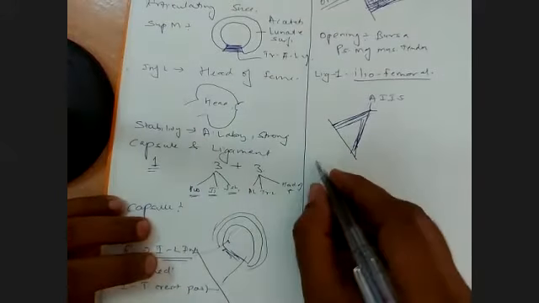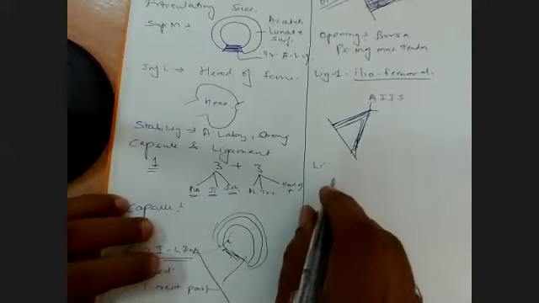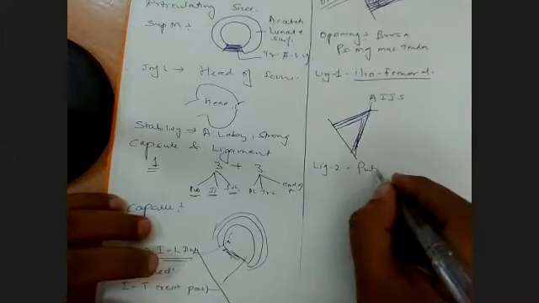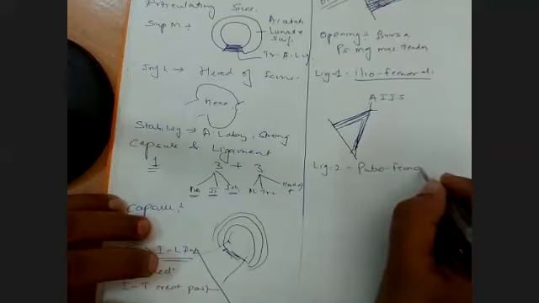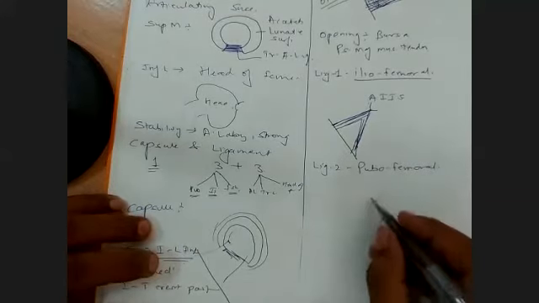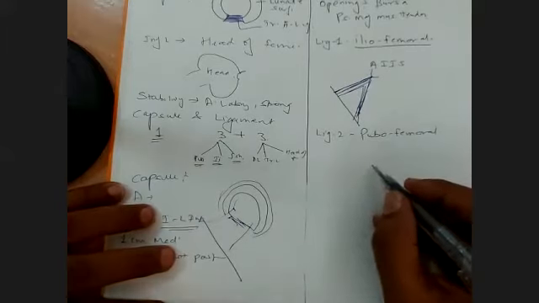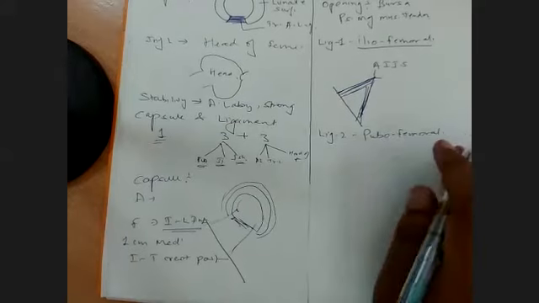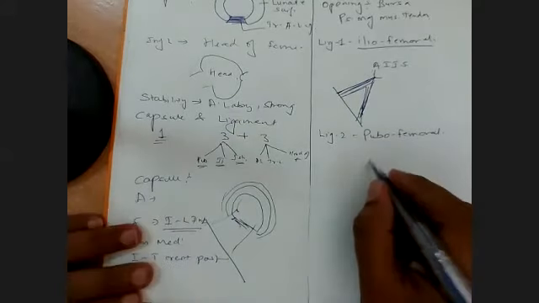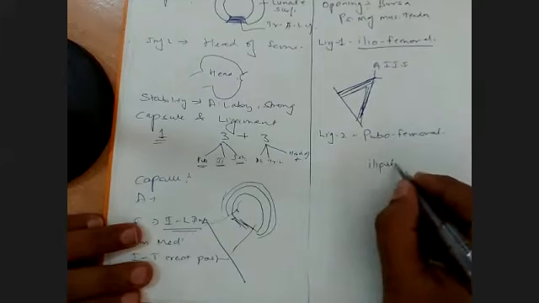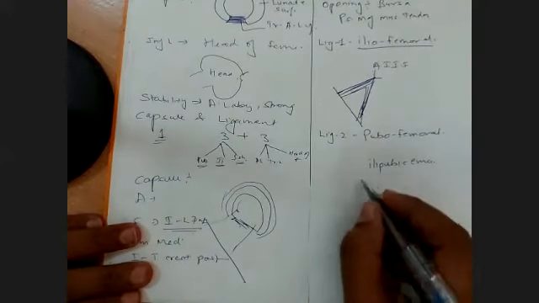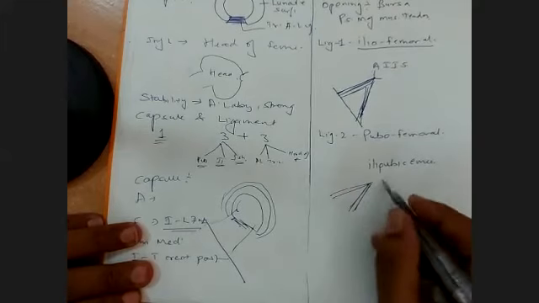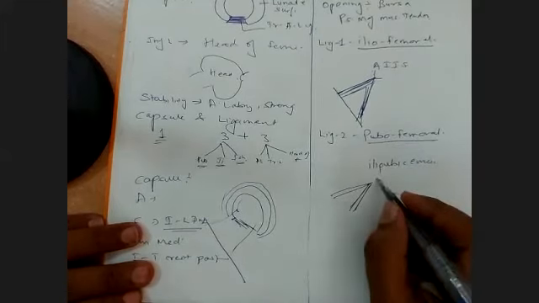Okay. The second ligament, number two, is pubofemoral ligament. This pubofemoral ligament arises from the iliopubic eminence.